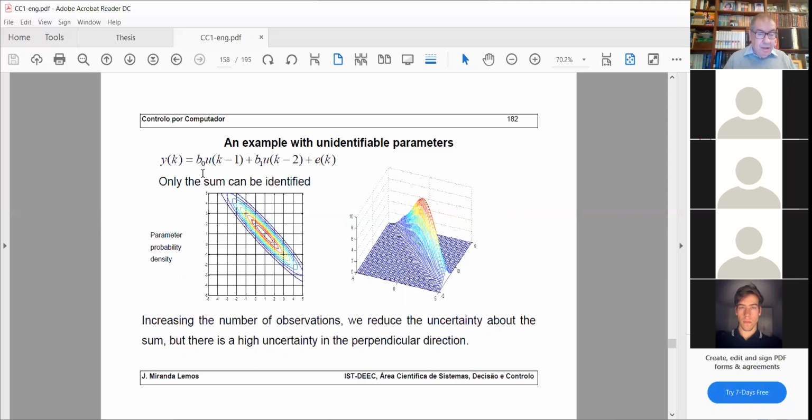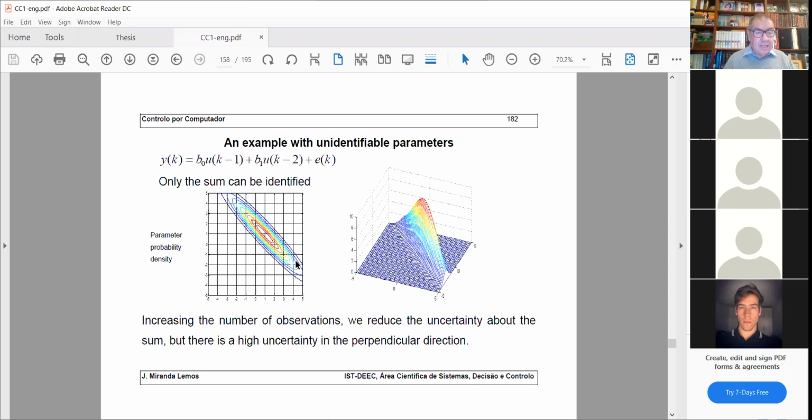So what happens? I start with a Gaussian whose level curves are circumferences. Then I do a number of observations, and I'm squeezing the density in this direction. You see here in the plot, in this direction that corresponds to the sum, but in this orthogonal direction, that corresponds to the difference.